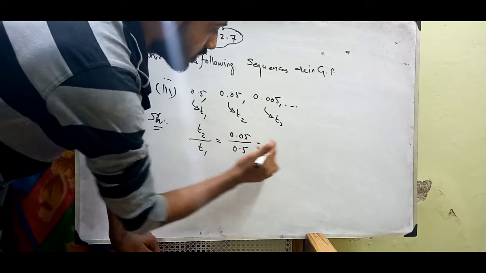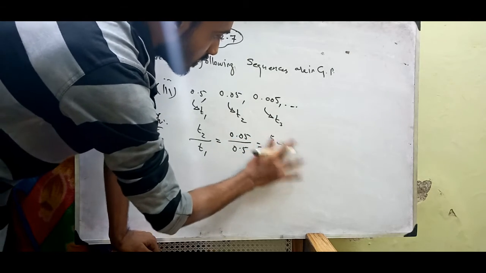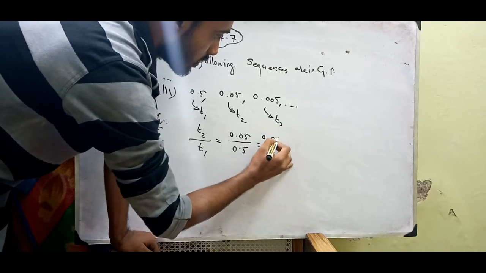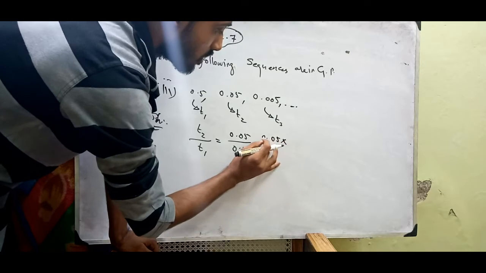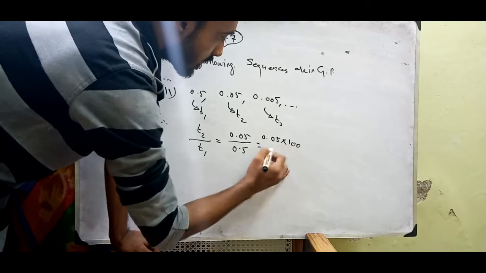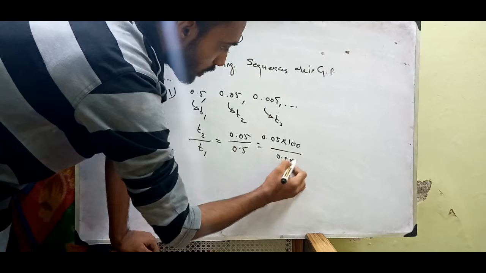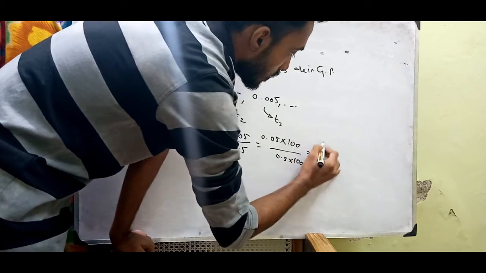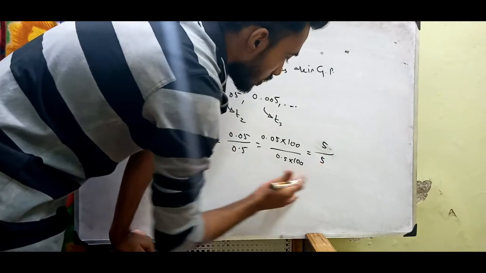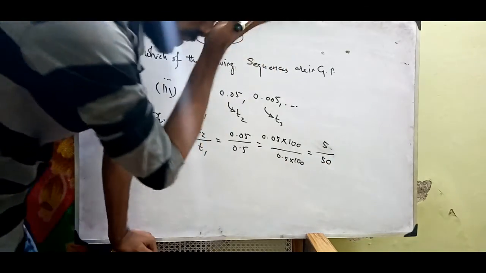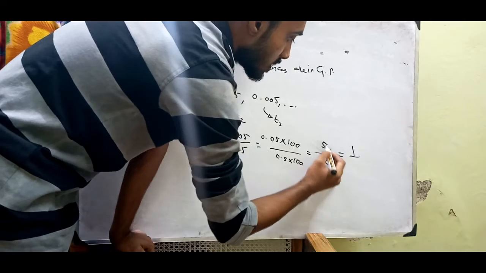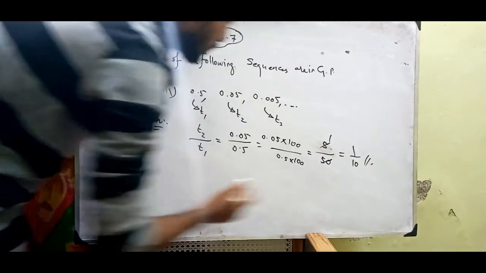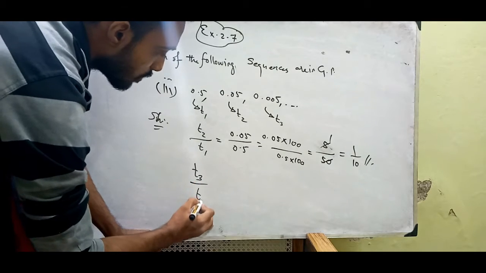See, whatever the decimal given here, you just need to multiply by 100. So 0.05 times 100 upon 0.5 times 100. So this is 5 upon 50. So this is nothing but 5 times 1, 5 times 10, which is 1 by 10. Let us check for T3 upon T2.